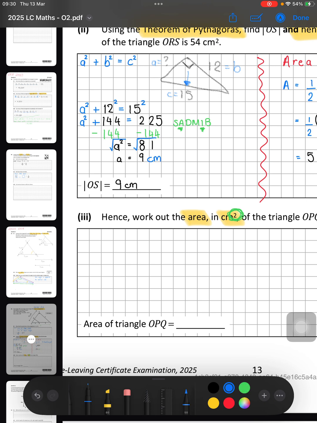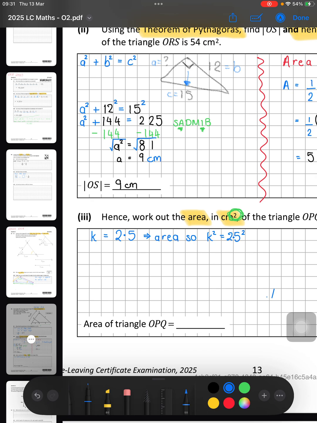My scale factor from earlier, even if I wasn't able to do part 1, they actually told me was 2.5. So because it's area, I'm going to be using k squared, so 2.5 squared.